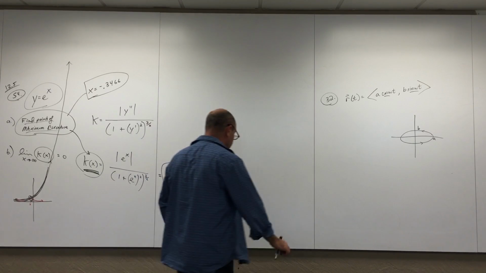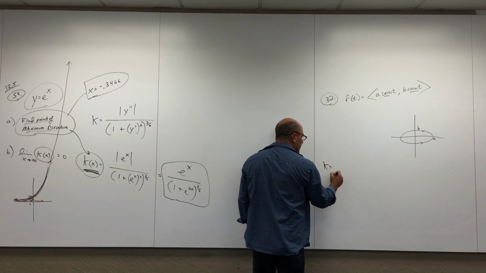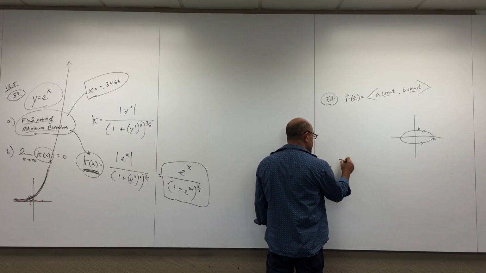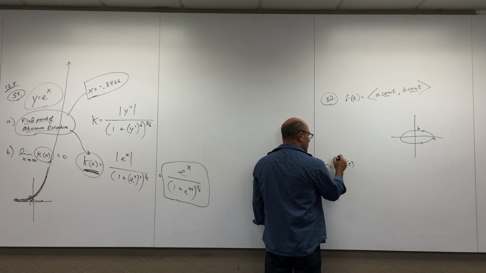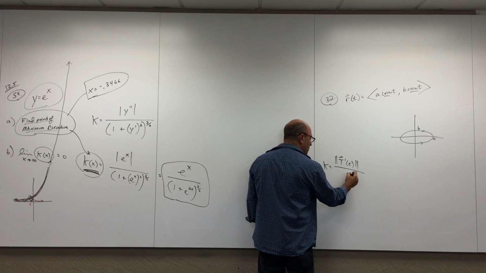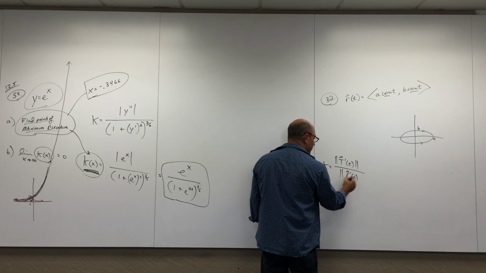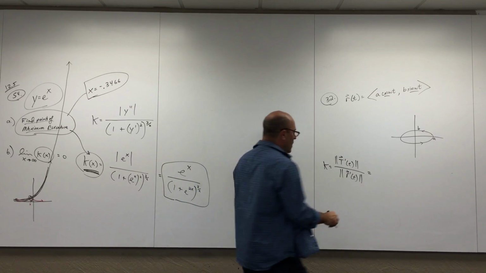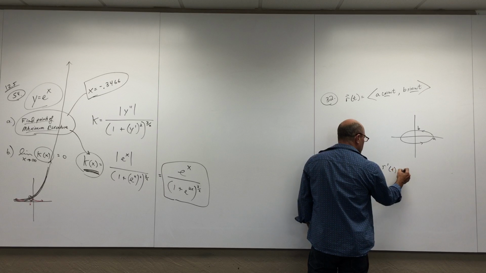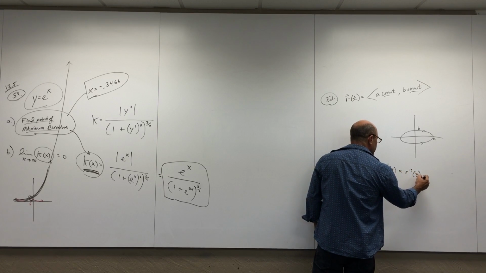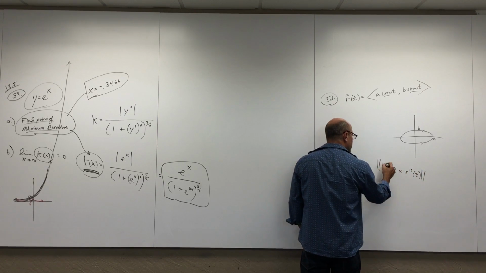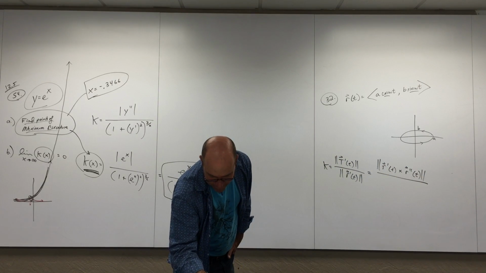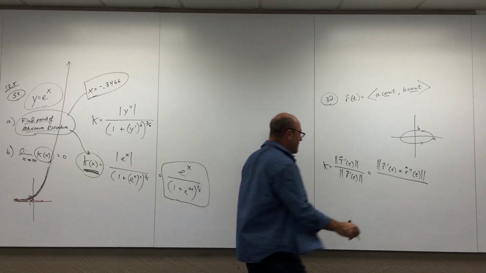Here they are. One of them is the magnitude of T prime of t over the magnitude of r prime of t. Okay, I could do that. Or I could do this: the magnitude of r prime of t cross r double prime of t, over the magnitude of r prime of t cubed.